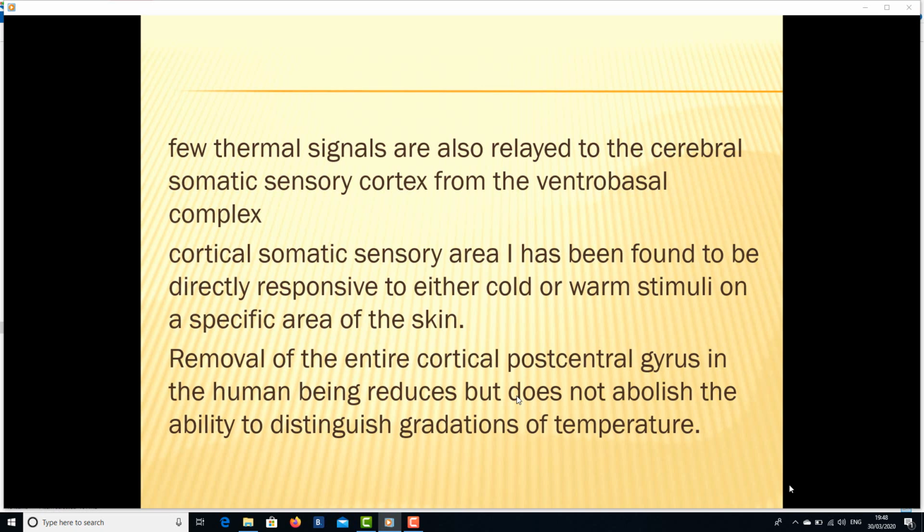So it is very important that the cortical somatic sensory area is not the only area responsible for perception of cold or warmth, because in experiments it has been seen that in human beings, if the cortical postcentral gyrus is removed, this ability decreases, but the ability to distinguish the gradations of temperature is not totally removed.